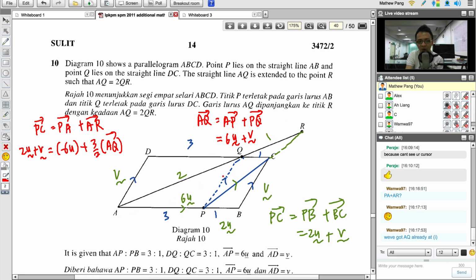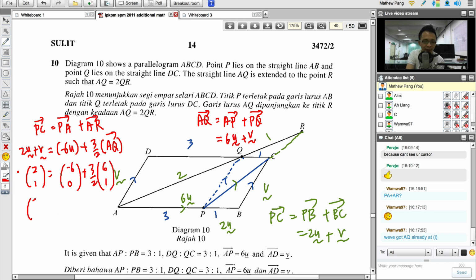Then I'm going to substitute in. Let me write this one in column vector, easier for you to read. 2, 1. This one is just negative 6U for PA, so U is negative 6, 0. And this one will be 3 over 2 of AQ. What is my AQ? My AQ is 6 and 1. So of course I have to multiply in first.